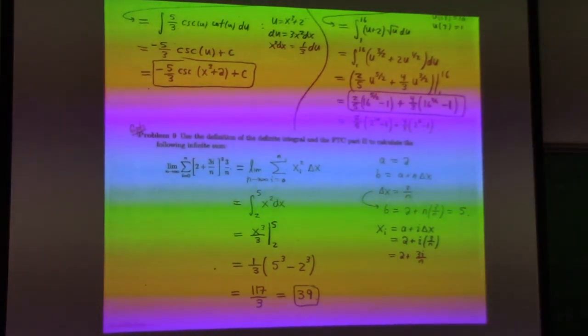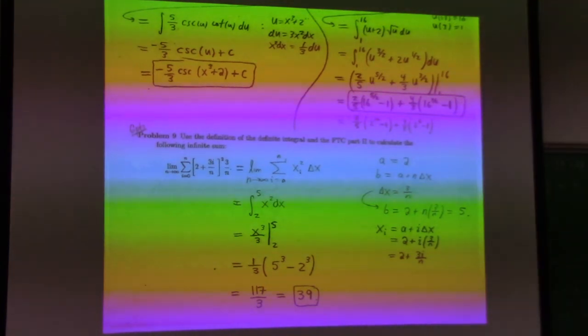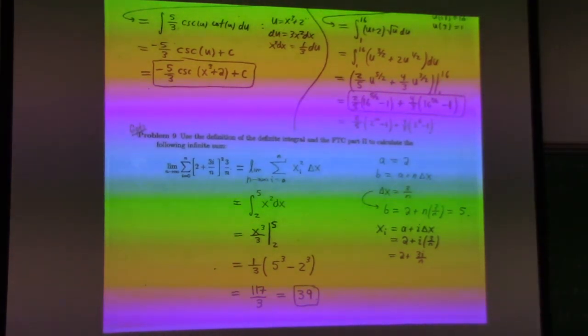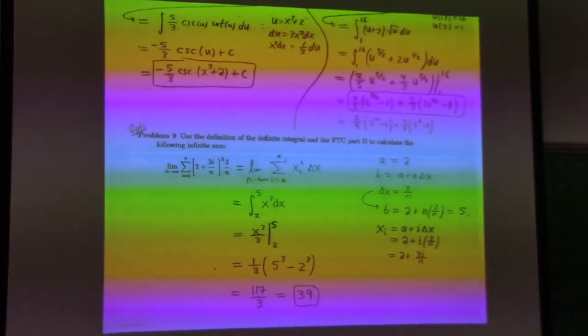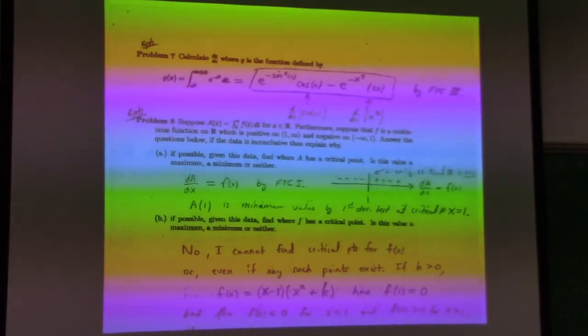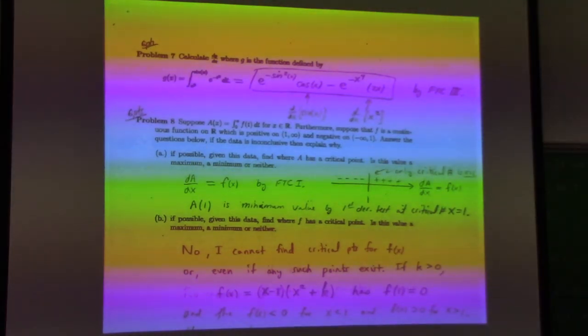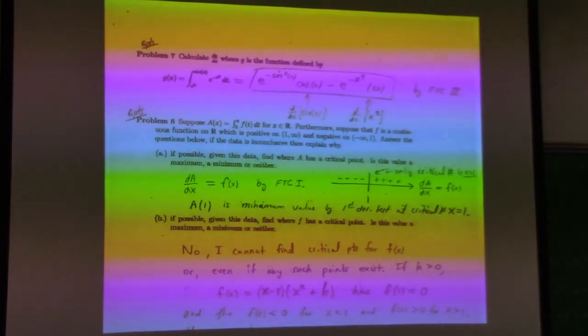Problem 9, I probably wouldn't ask you guys because we haven't done that. I didn't have a homework problem like that. It's not outside the scope of what you've done. It's just not something we have emphasized. Problem 7 is a fair question for you all. Problem 8 you probably could do, but it's challenging.